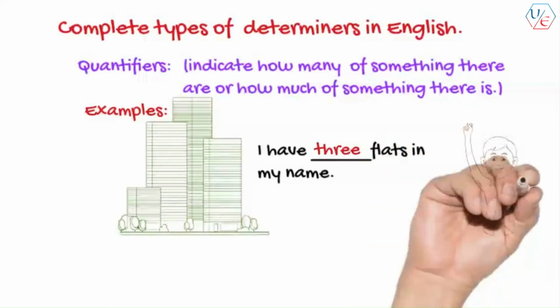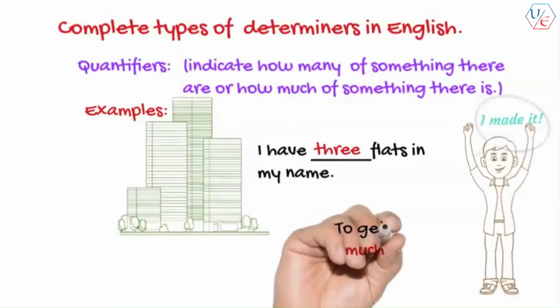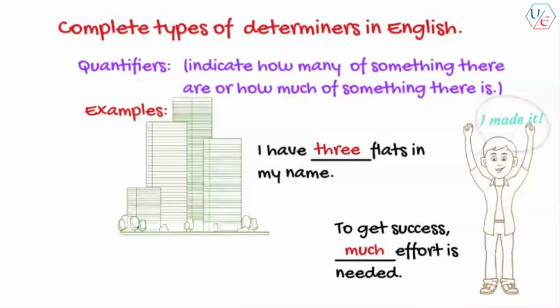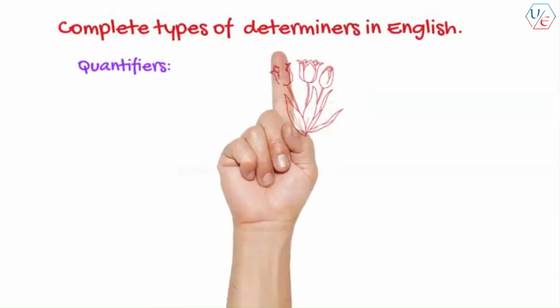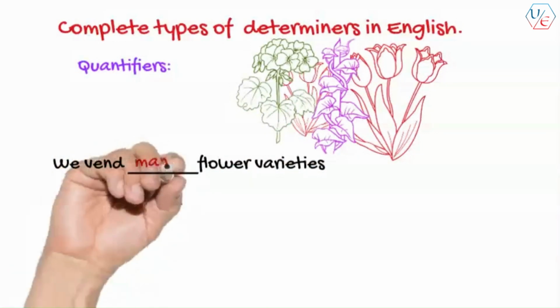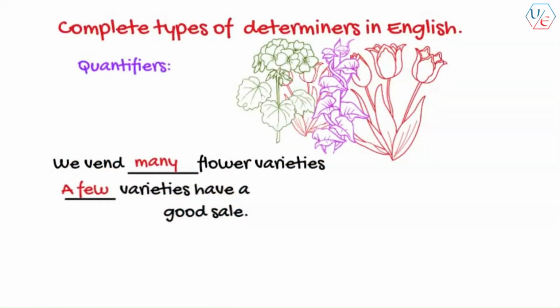On the other hand, the determiner much in the sentence, to get success, much effort is needed, indicates an indefinite or unspecified quantity of the noun that it introduces. We vend many flower varieties. A few varieties have a good sale.